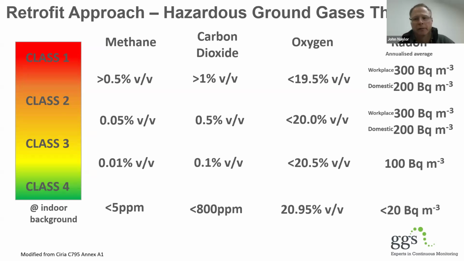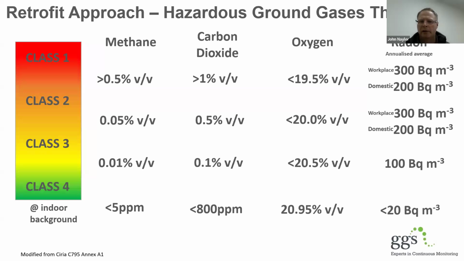Okay, oxygen is not something we tend to find a problem with in above ground structures, but certainly if you've got any basements or anything of that sort, it's very key. Oxygen's in there, and then radon. We've got some levels there that you can apply. It's been in guidance for a while. Just bear in mind again, background house value is about 20 becquerels.